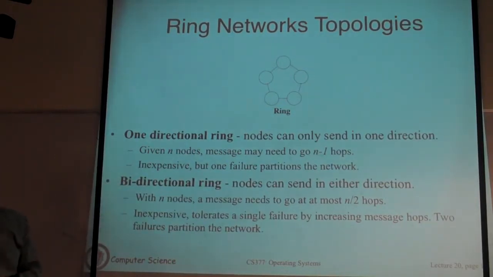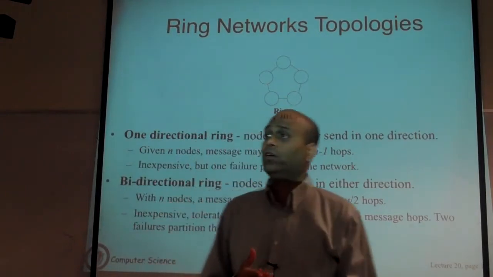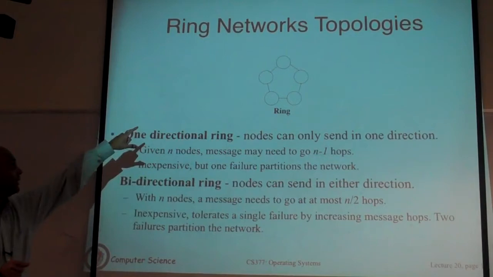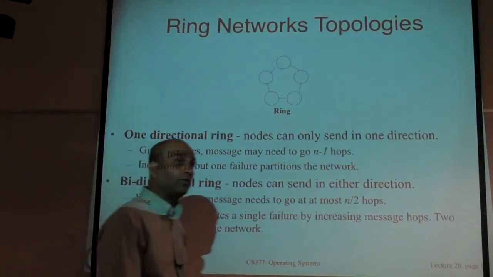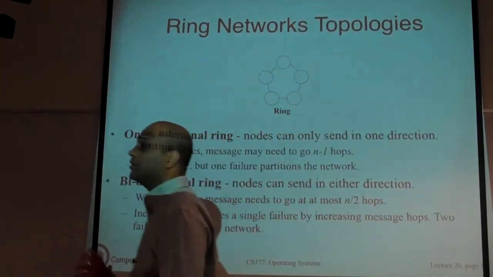Both of these will have problems if any node in this network actually dies. Basically, your ring will get partitioned. Now keep in mind that in token ring networks, the machines sitting on the network are also responsible for forwarding.